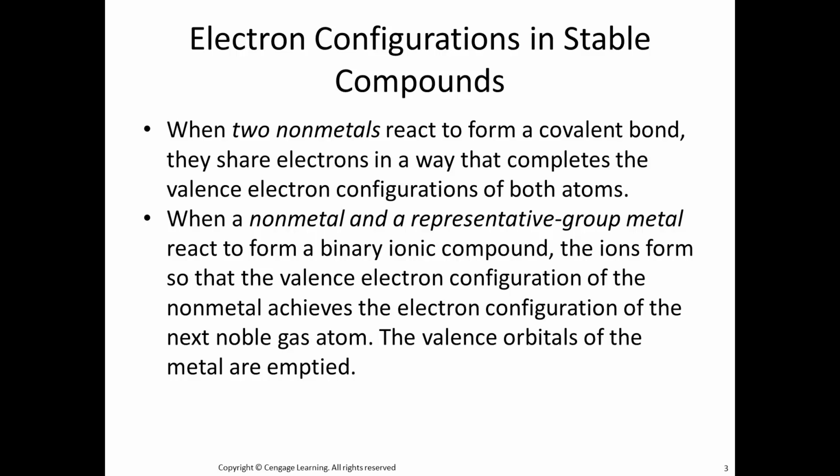The valence orbitals of the metal are emptied so that it appears like the preceding noble gas. This allows us to predict formulas for ionic compounds for many elements on the periodic table.